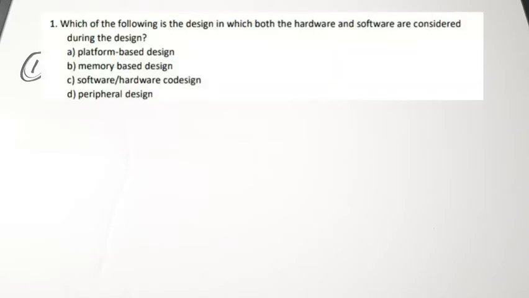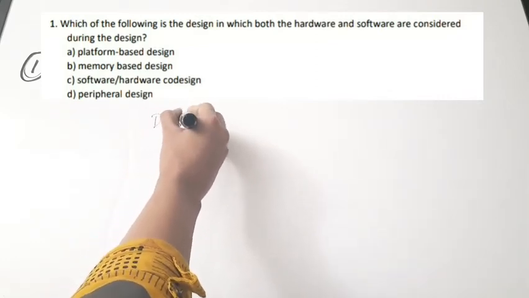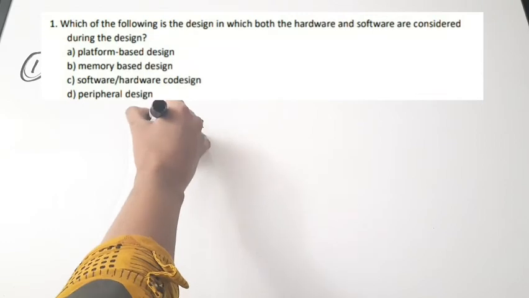The first question you'll be seeing on the board. Okay. So the question is, which of the following is a design in which both the hardware and software are considered during the design? So in the case of embedded system, unlike the other systems, we know that the design is actually having specific hardware and software, right?